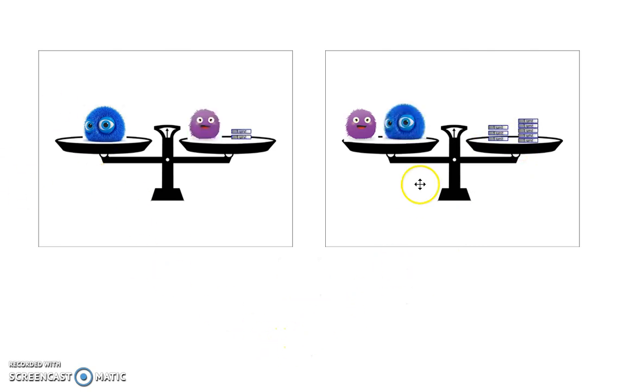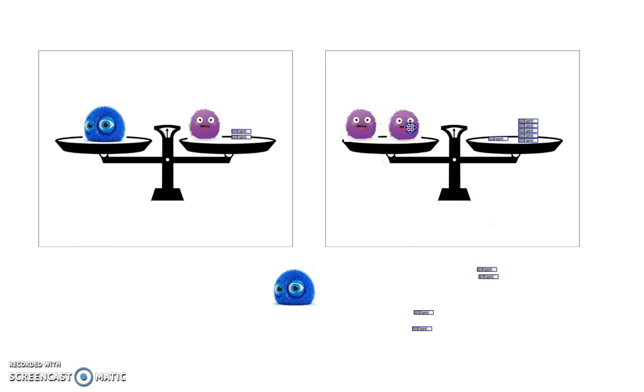Now, if I have an example like this, where I know that Fuzzball equals Furry plus 2, I don't know an exact value for Mr. Fuzzball, but I still know something about him that I can replace this with. So now I can replace Mr. Fuzzball with this right here. Okay, this expression is going to replace this, and now I can solve. Right? Now I only have Mr. Furry here, and so I'm going to remove these two. 2 from one side, 2 from the other side.